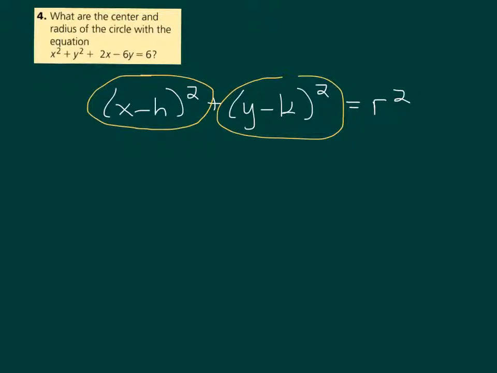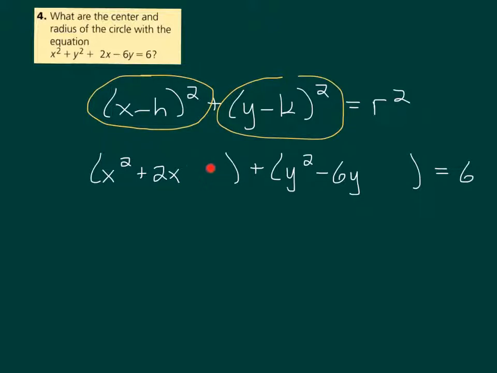We have to just complete the square twice. So taking our original problem, we get x² + 2x, and then we get y² - 6y, and all of that equals 6.